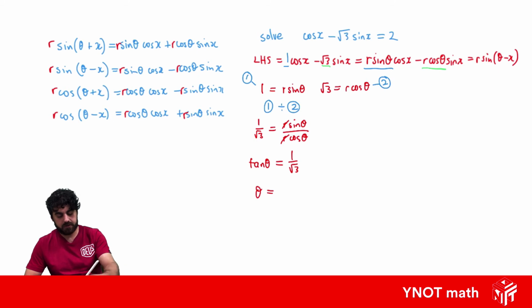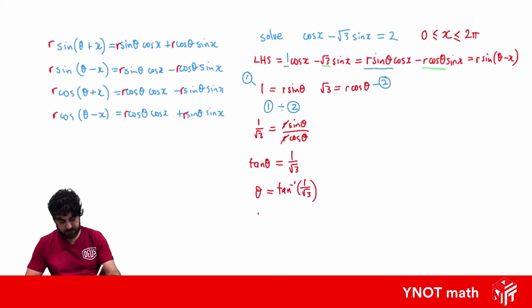We're supposed to solve this equation where x is between 0 and 2 pi, because that tells us we need an answer in radians and not degrees. So doing the inverse tan of both sides, theta equals the inverse tan of 1 over root 3, which gives us theta being pi on 6.